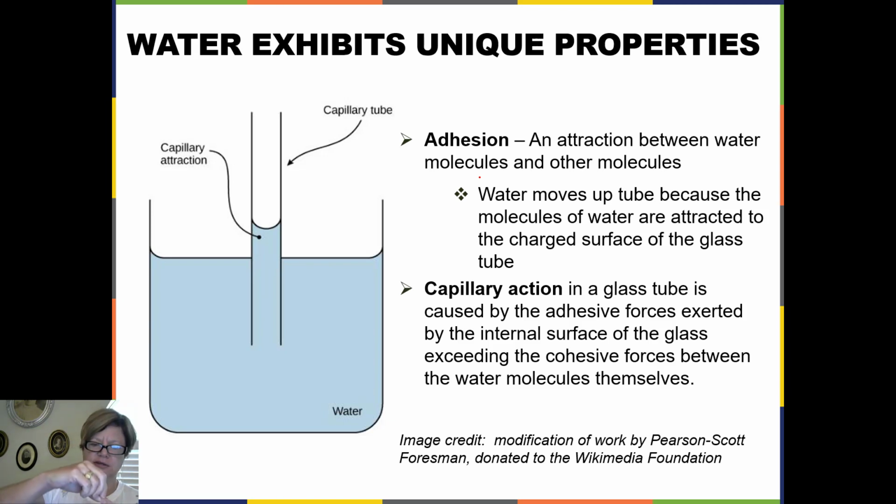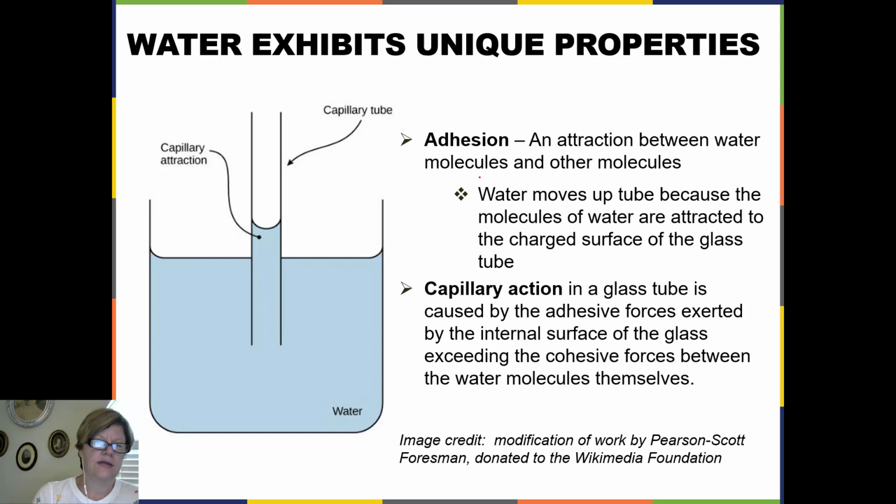A capillary tube is a very, very thin straw made of glass, and water will move up a capillary tube against the force of gravity because it actually sticks to and adheres to the side of the glass, and it pulls the other water molecules behind it. So the adhesion to the glass and the cohesion of the other water molecules that are being pulled behind it, and it will actually move up.